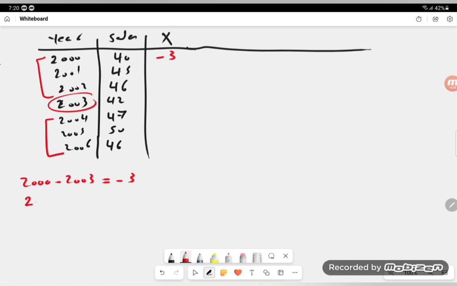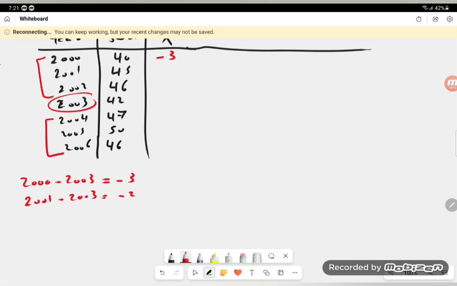Number 2, 2001 minus 2003, it's negative 2. 2002 minus 2003, it's negative 1. 2003 minus 2003 is 0. 2004 minus 2003 is 1, 2, and 3.